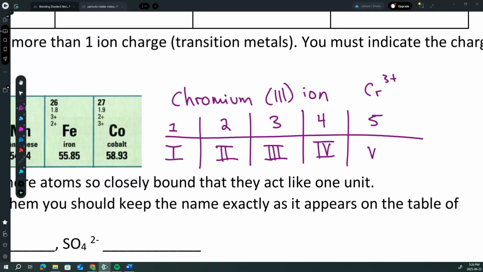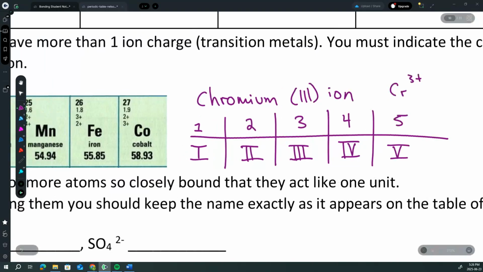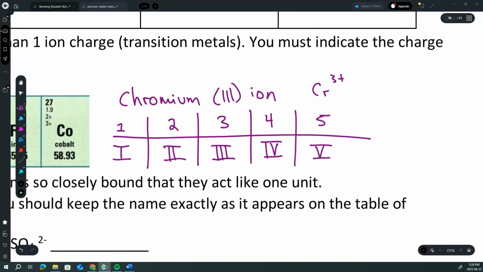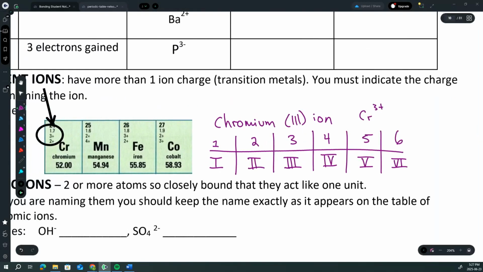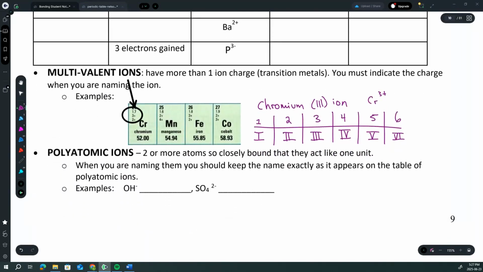Roman numeral for 5 is this. This is going to cover you for the vast majority of cases here. If there happens to be an ion with a charge of 6, it would be represented by this with Roman numerals. But that should have you covered for all the different charges for the multivalent metals.